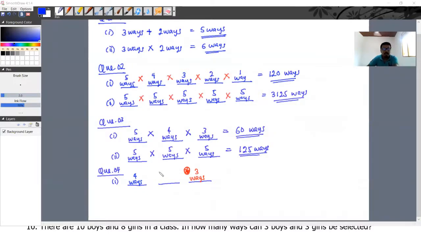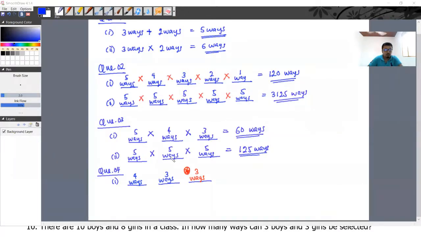And if the repetition is not allowed, to put a digit here in the middle place, how many options do I have? I have used 1 digit here, another one here. How many do I have left? Another 3 digits are there, so we can use any one of them. 3 ways.